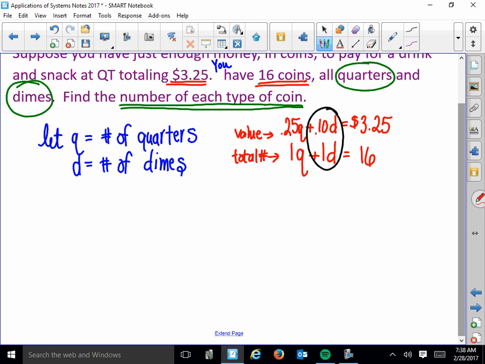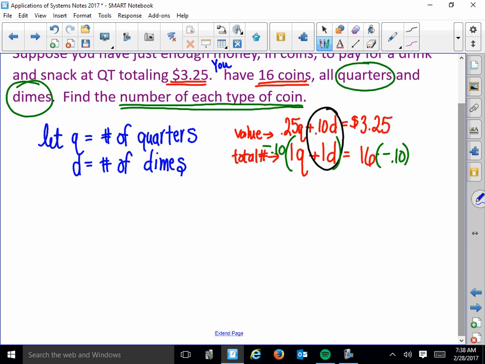All right, so just like on the first problem, I'm trying to figure out what I could multiply by that would be the smallest value. And it will be the second equation. I'm going to multiply the second equation by negative 10 cents, or negative 0.1. And I have to remember that I must multiply each side by that value.